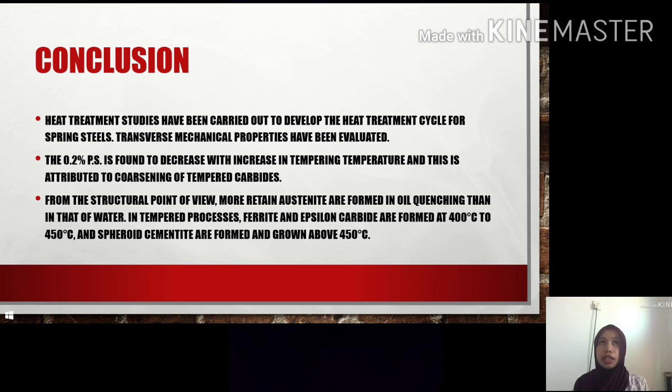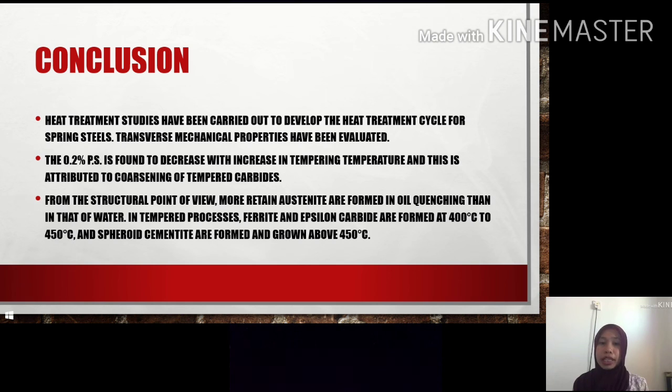From the structural point of view, more retained austenite is formed in oil quenching than in water quenching. In the tempering process, ferrite and epsilon carbides are formed at 400 to 450 degrees Celsius, and spheroid cementite is formed and grown above 450 degrees Celsius.